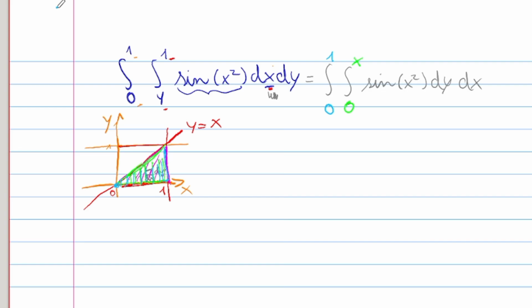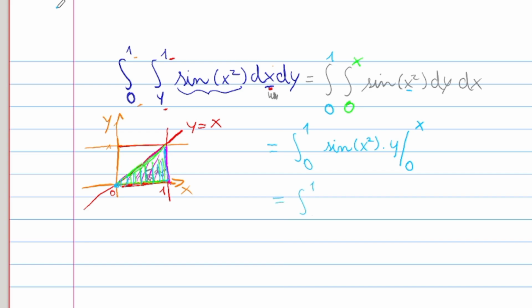Good. Now we can solve this basic integral. Now x is constant in the y world, so we get sine of x squared times y, and the limits of integration are from 0 to x, right?